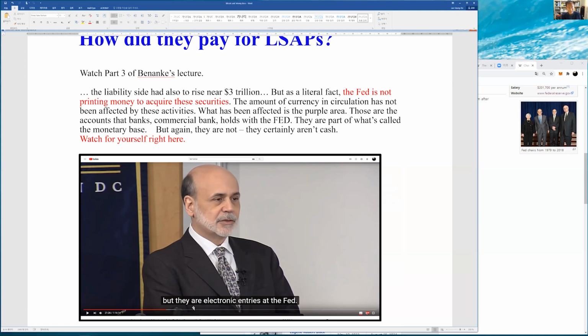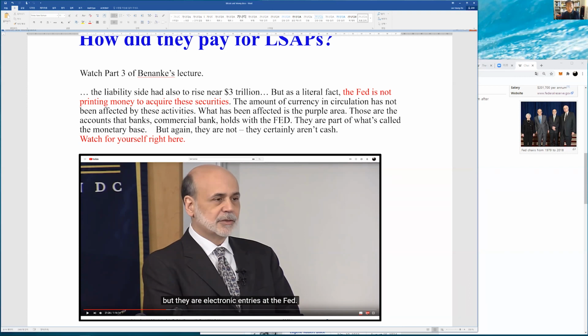So that's basically it. The Fed is not printing money to acquire these assets. All they had to do is increase the balance of the commercial banks by $2 trillion. So they basically create these 2 trillion US dollars and give them to commercial banks in exchange for mortgage-backed securities.